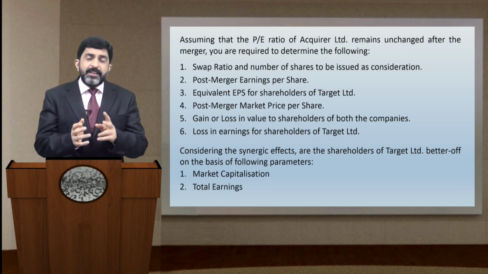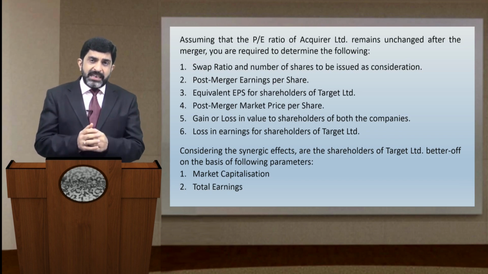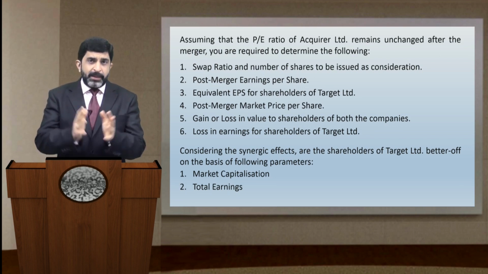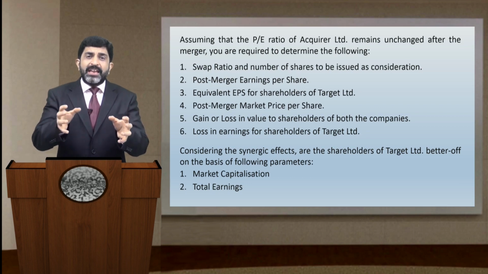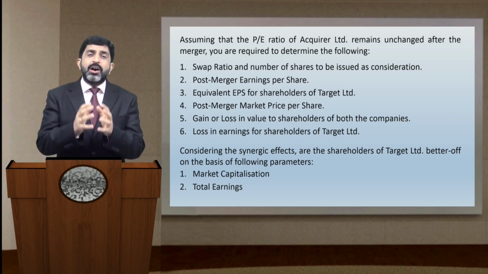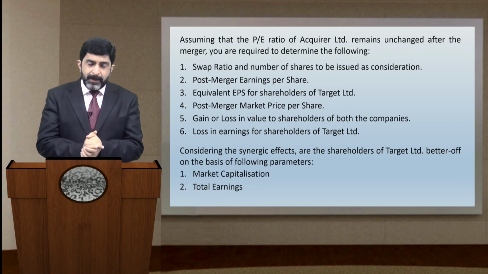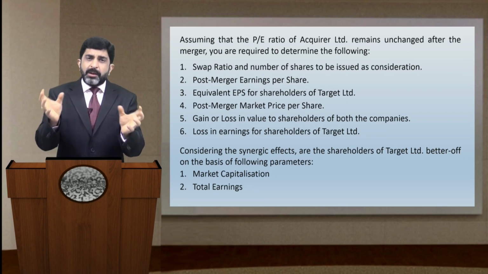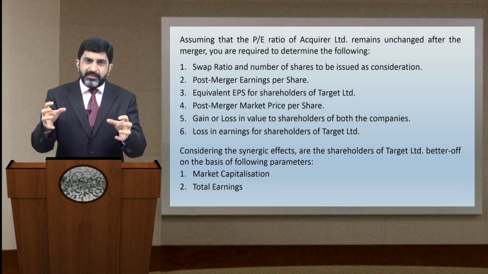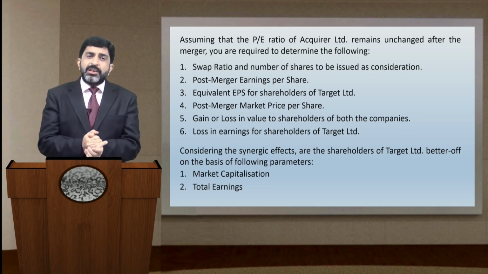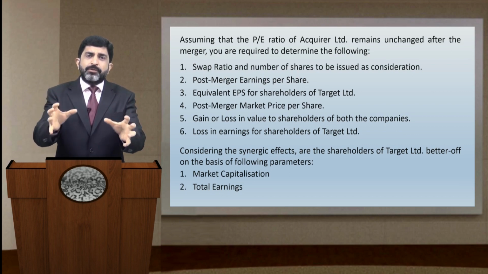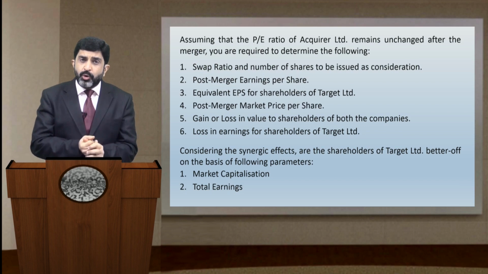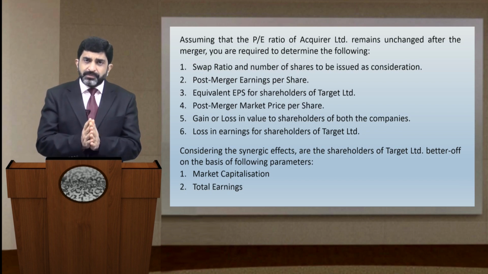On the other side, the target company is demanding the stock swap on the basis of EPS. That means they both are not able to arrive at a common consensus. As a result, they have finally negotiated that whatever be the number of shares from both the bases, the number of shares to be issued will be the average of the two different numbers of shares obtained by the 2 different modes.